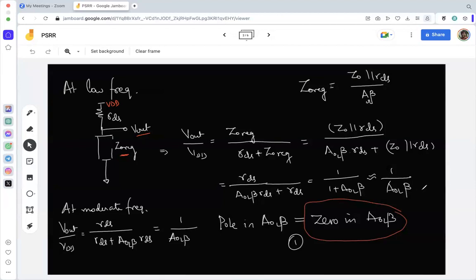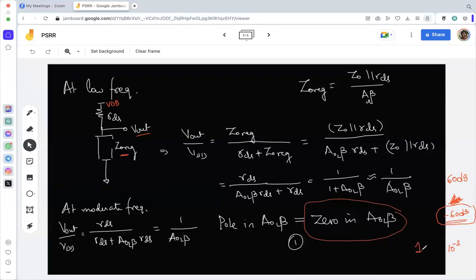Meaning, if in your STB simulation you get a DC gain of 60 dB, your Vout by VDD, or the power supply rejection ratio, will be 1 by 60 dB, which is minus 60 dB. So you have a very good rejection ratio. Minus 60 dB is 10 to the power minus 3.